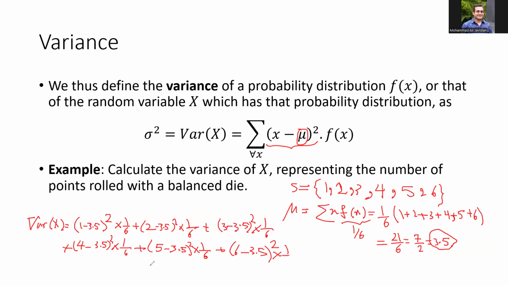If you simplify these multiplications and additions, at the end you get the variance of this variable. And if you compute the square root of this number, you get the standard deviation.